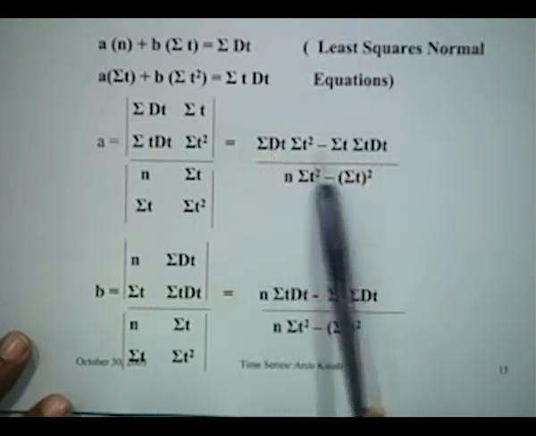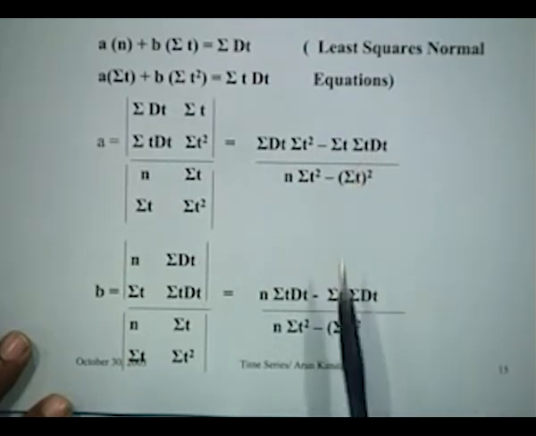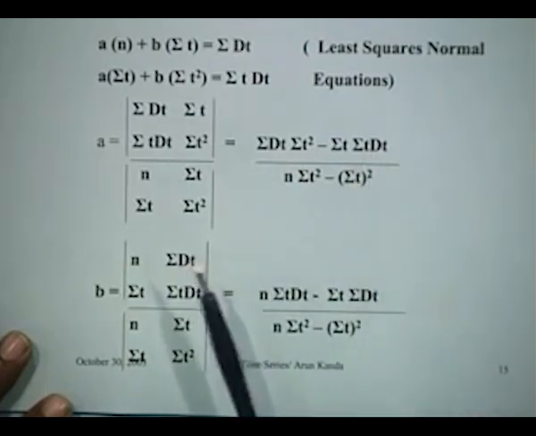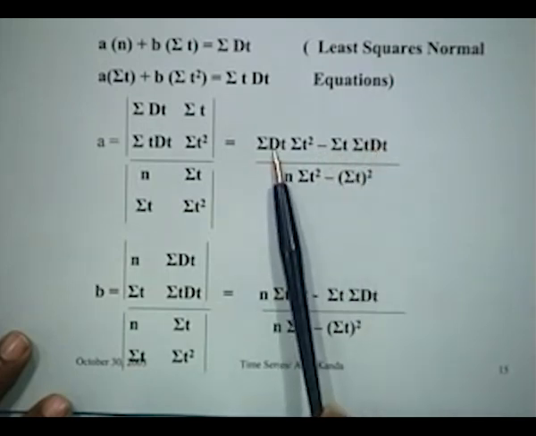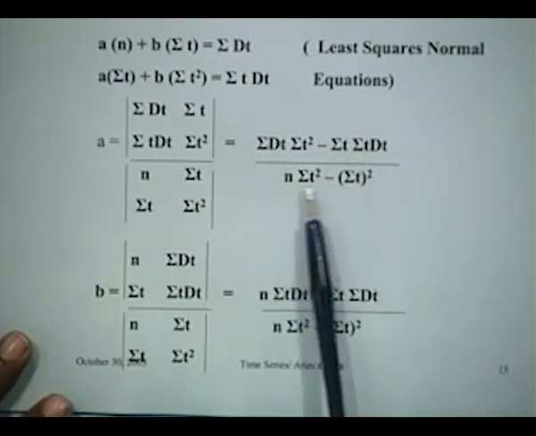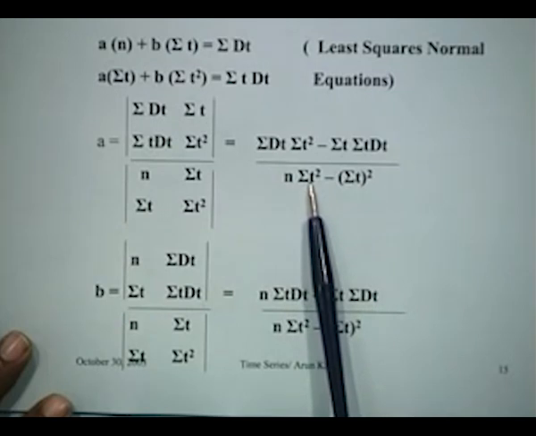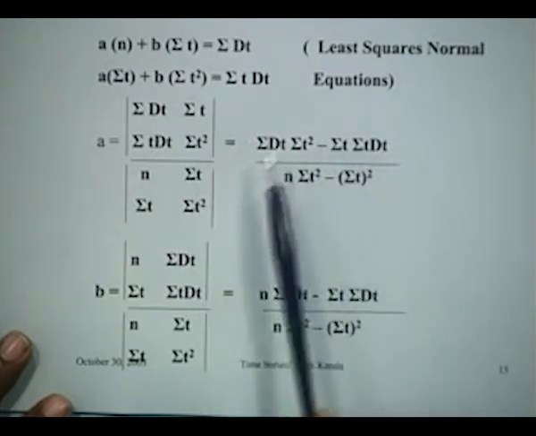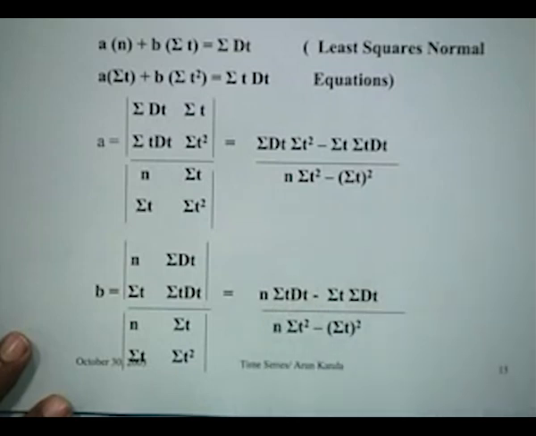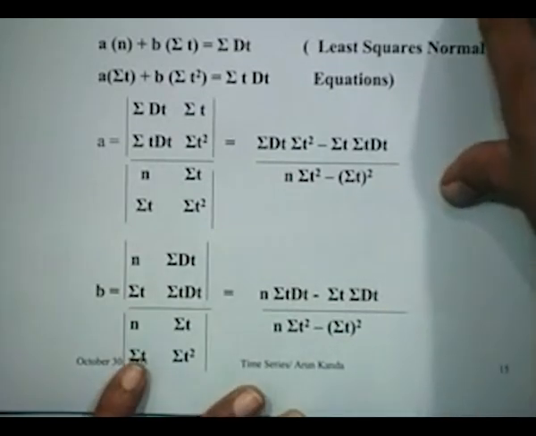So if you want to fit a straight line in general, what you notice from this expression is that you would require the values of these particular things. That is, you would require summation dt, n, summation t, summation t square, and summation t dt. And then by plugging in these values, you can easily get the values of a and b.